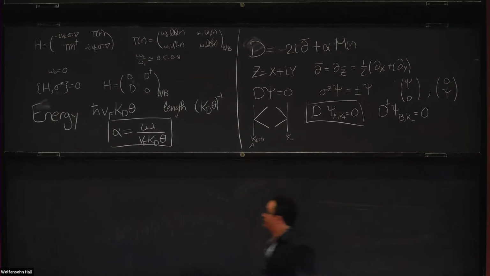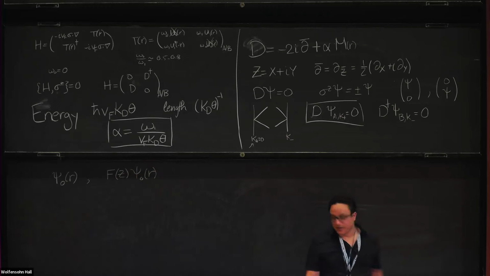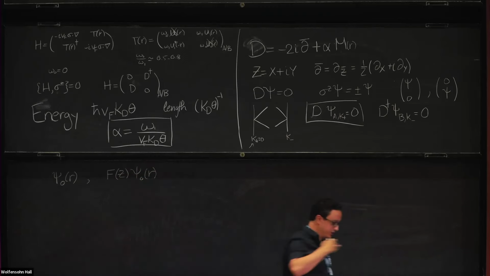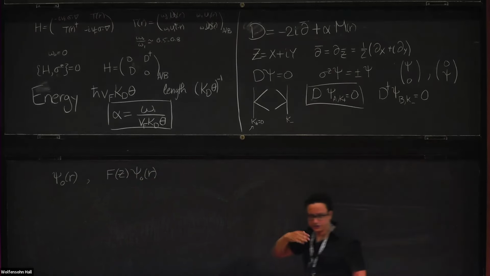So it's tempting to say the following: if I have a zero mode, psi 0 of R, and now I'm really focusing on sublattice A, I can form another family of zero modes, F(z) psi of R, where F(z) is some holomorphic function. And if I can form this family of zero modes, maybe this family will give me actually the full flat band. And that's what usually happens, for example, in the Landau levels. In the Landau levels, you can start from one state in the lowest Landau level, multiply by some holomorphic function, and generate the full Landau level.